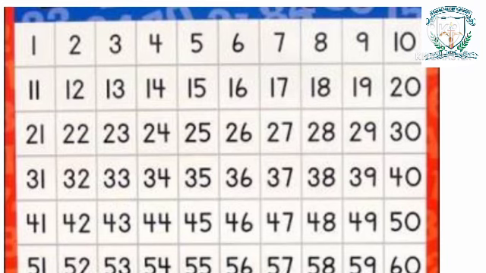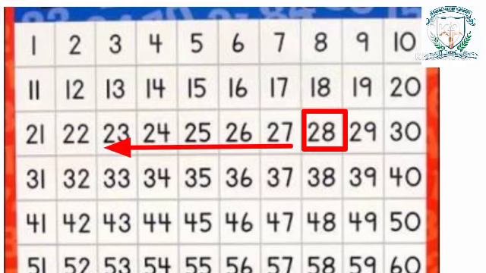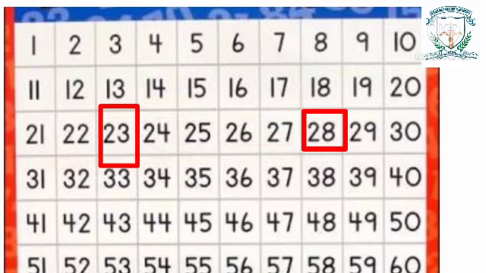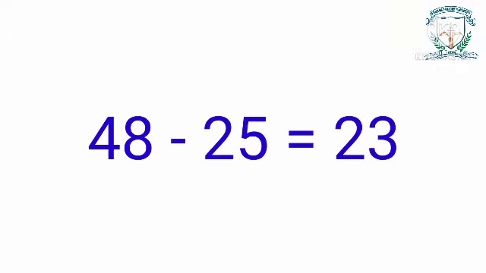Now, from 28 we have to subtract 5. Then we get 23 by moving 5 steps backwards, so 48 minus 25 is equal to 23.